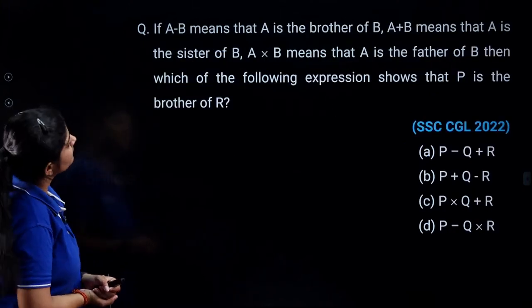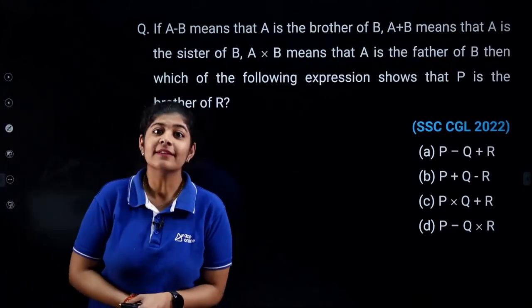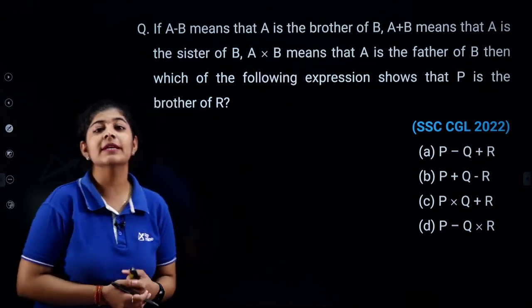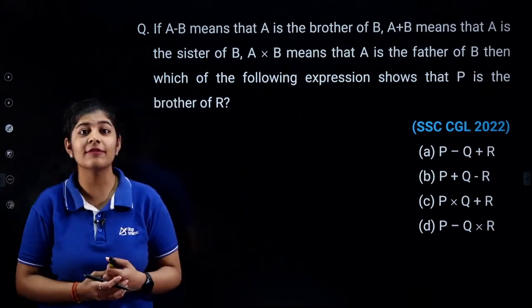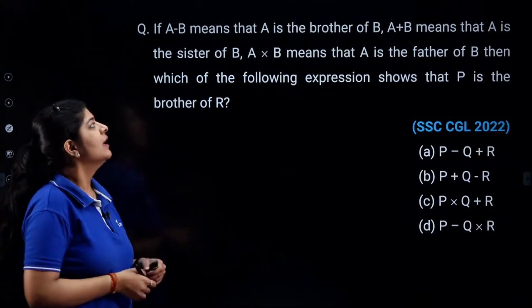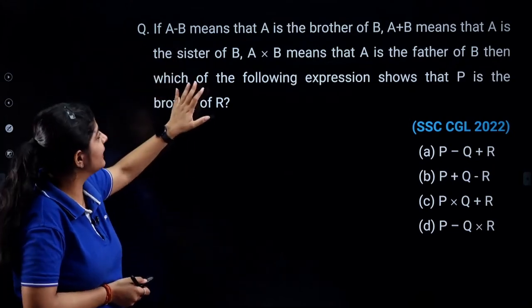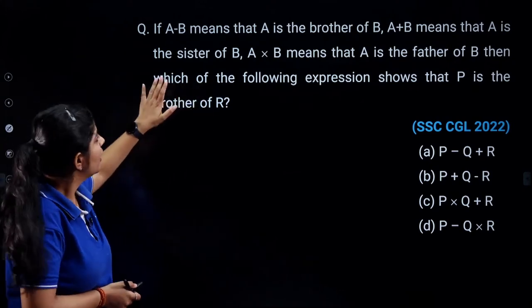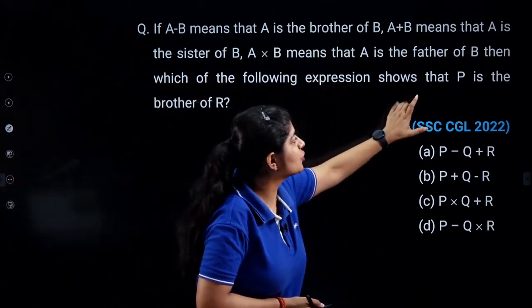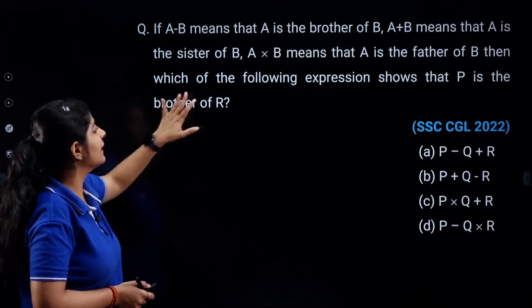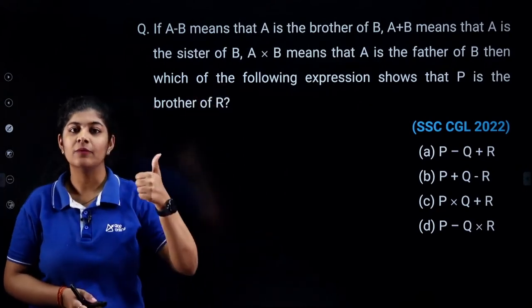Next one. Okay. So again we have a question from blood relation, and this is again from coded relations. Here a few relations are given, and we just directly read the question. Which of the following expressions shows P is the brother of R? What does it mean?